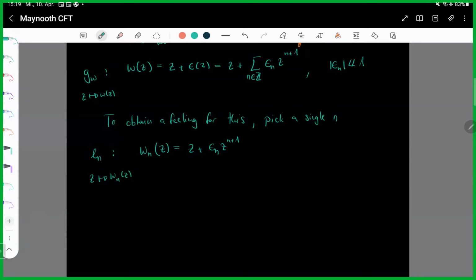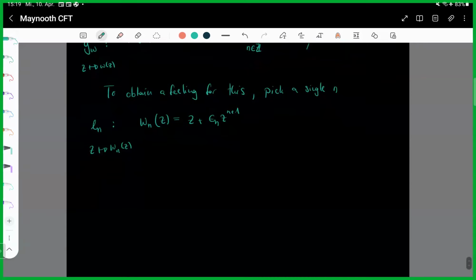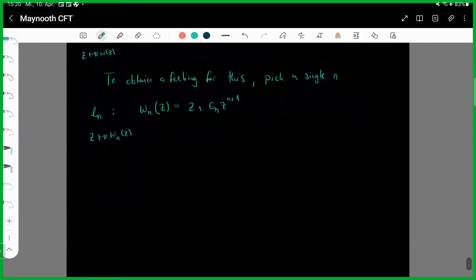Now I'm going to take a few examples, and I hope that you'll recognize them. In particular, the global conformal transformations, what we declared yesterday to be global, and I'm going to be a bit more concrete in a moment about where this terminology comes from. They correspond to n equals 0 and plus or minus 1.